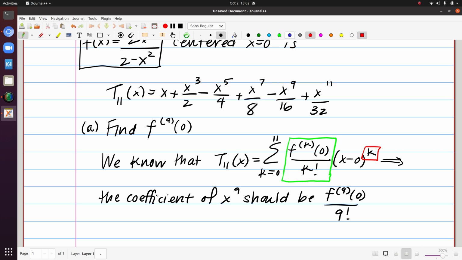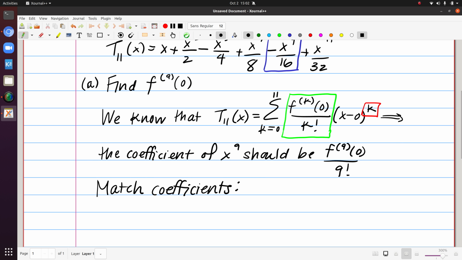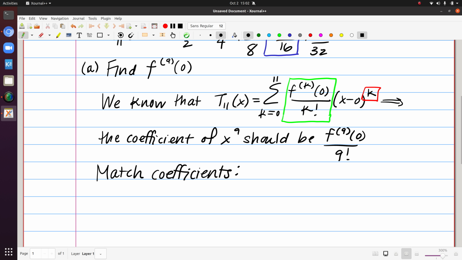What I can do is go to my series and find the x to the 9th term, or my polynomial, I should say. So the task here is to match coefficients. And what I mean here is match coefficients of x to the 9th. So what we do see as the coefficient of x to the 9th is negative 1 over 16. So negative 1 over 16 is the coefficient of x to the 9th.